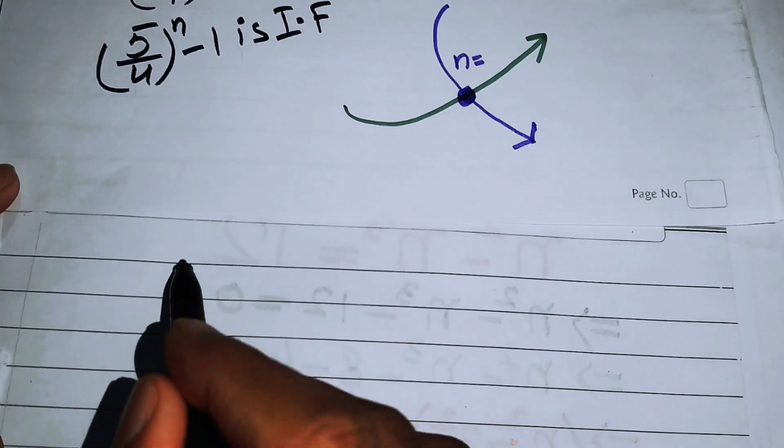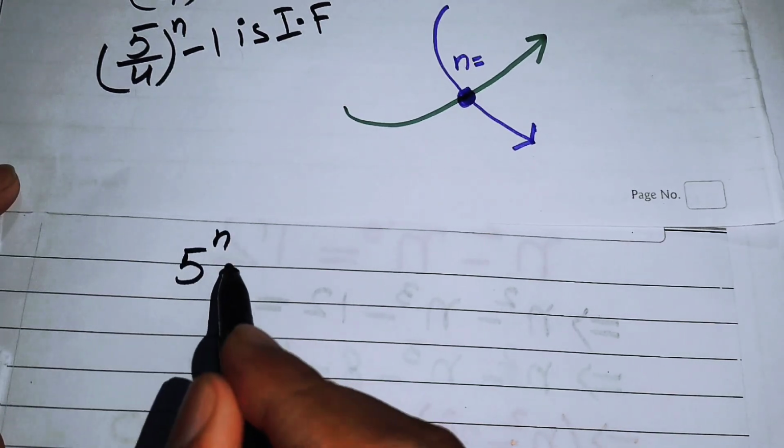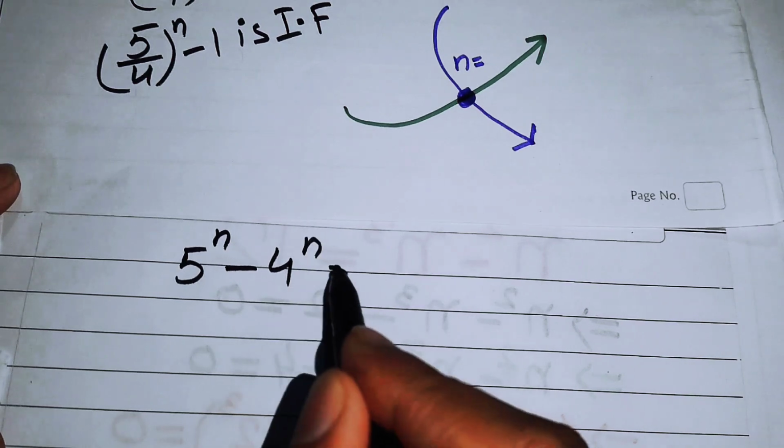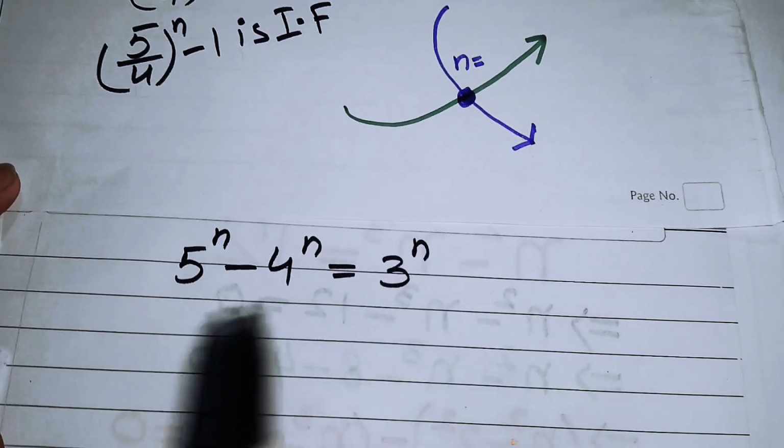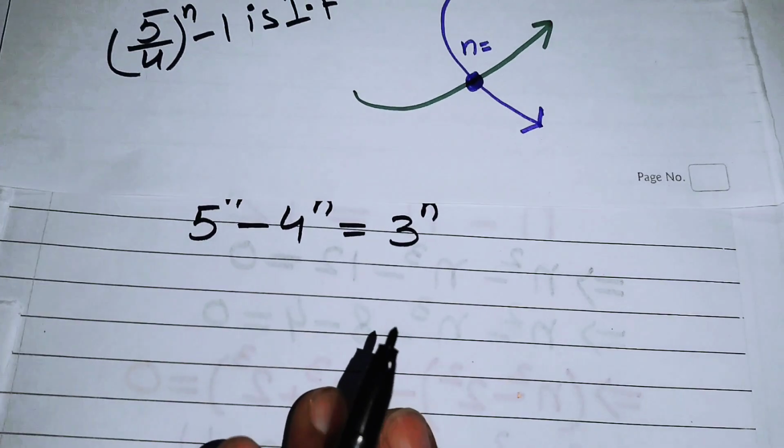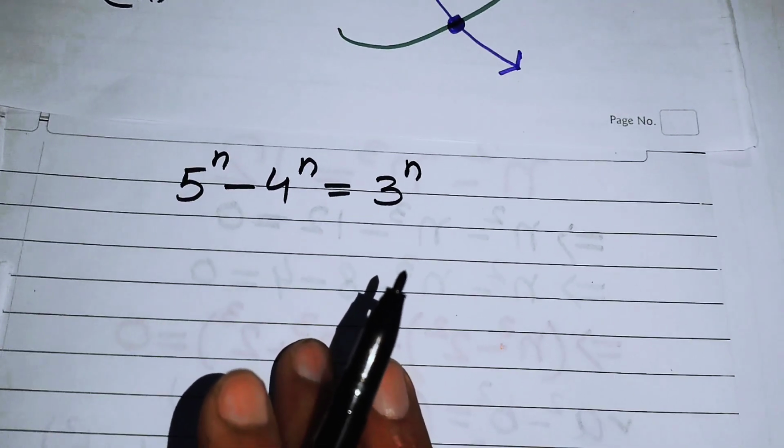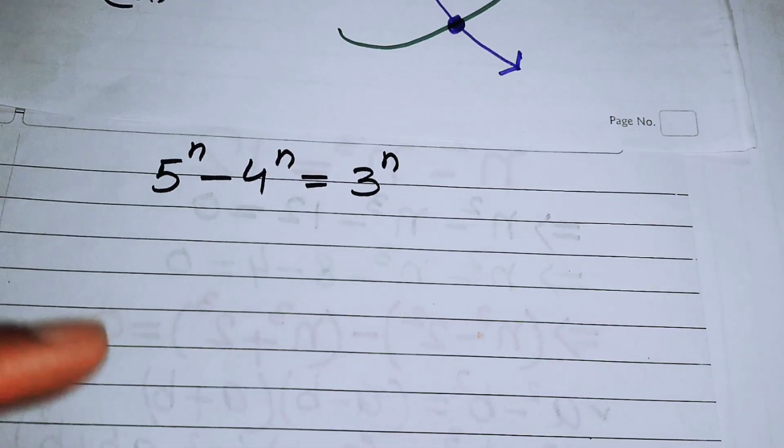So this is our question statement: 5 to the power of n minus 4 to the power of n equals to 3 to the power of n. So now we find the value of n by inspection.